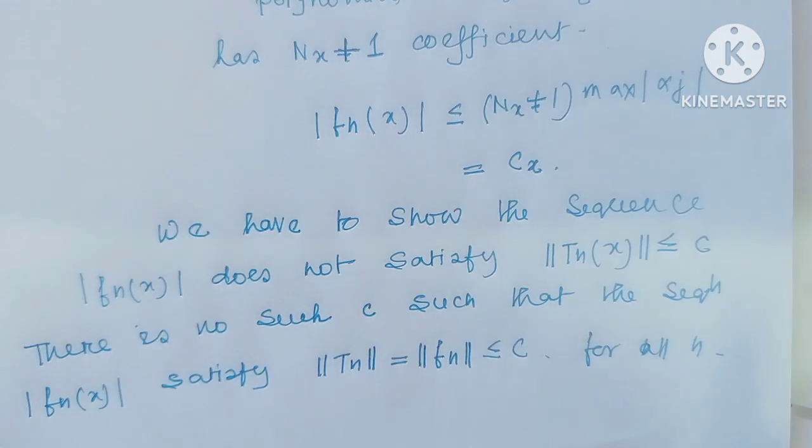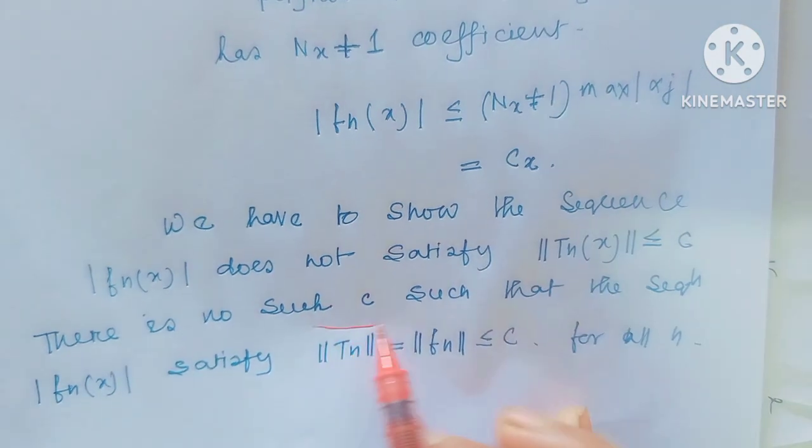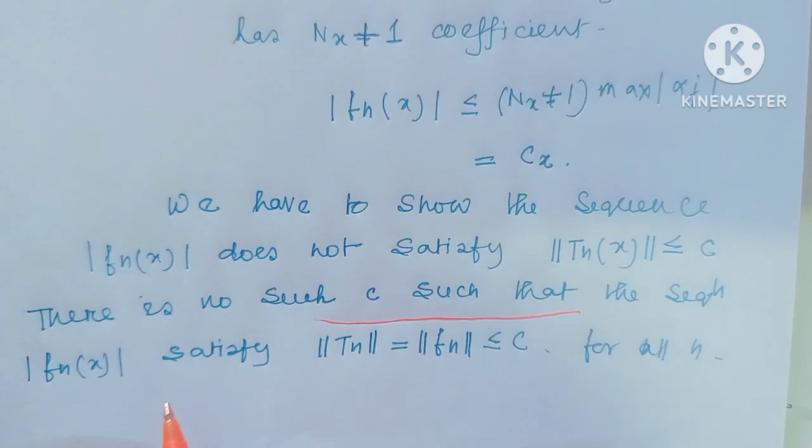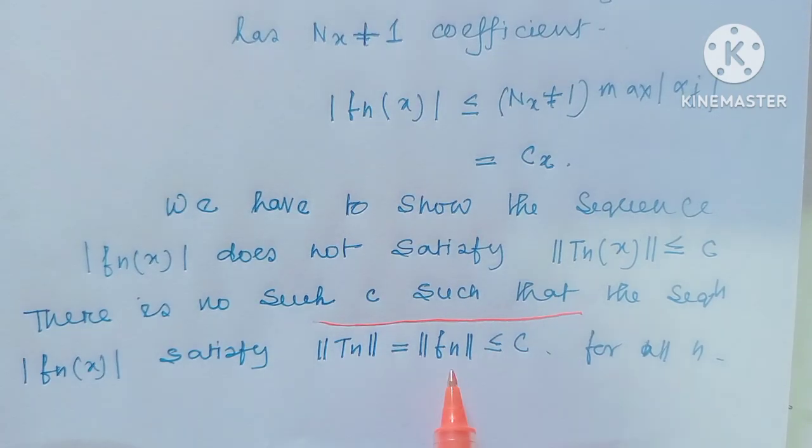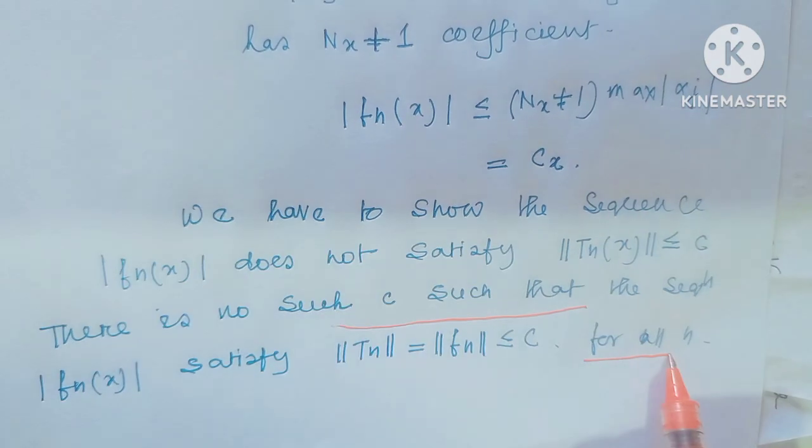We have to show the sequence mod Fn x does not satisfy norm Tn less than or equal to C. That means there is no such C such that norm Tn equal to norm Fn is less than or equal to C, and this is true for all n.